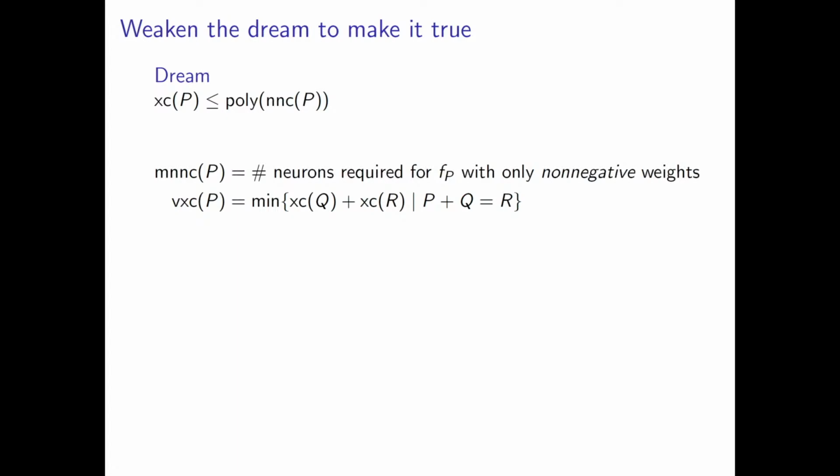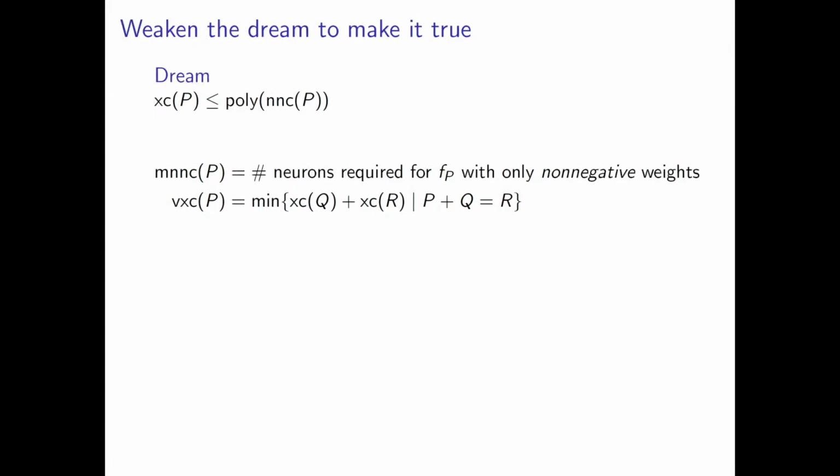So basically P equals R minus Q, but I can't write it like this because Minkowski sum doesn't have a natural inversion. So I write it like this. This is a quantity that's at most the extension complexity, because I can always choose Q to be a single point, which has extension complexity 0. So this really makes the left-hand side potentially smaller. I mean, definitely not bigger.